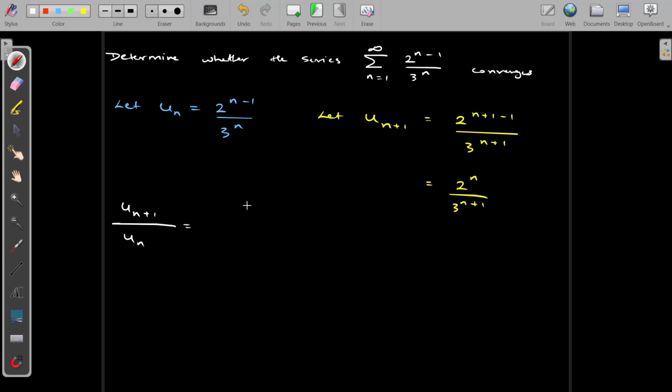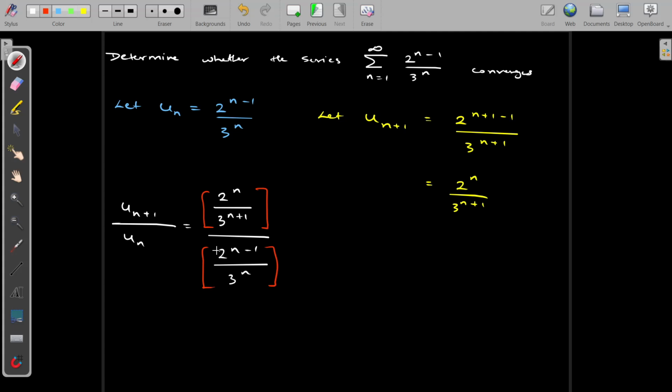So that's going to give us 2 to the n over 3 to the n plus 1, this is our u n plus 1 term, divided by 2 to the n minus 1 over 3 to the n. So we just divide them.